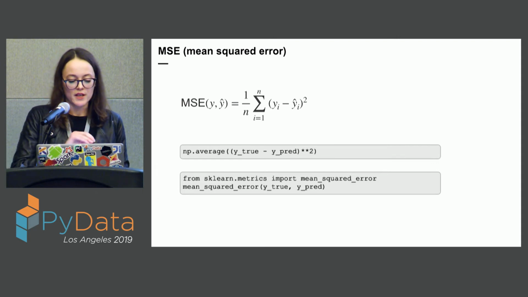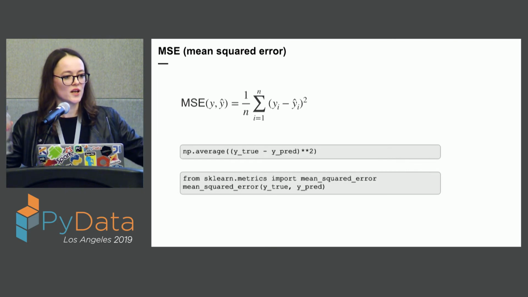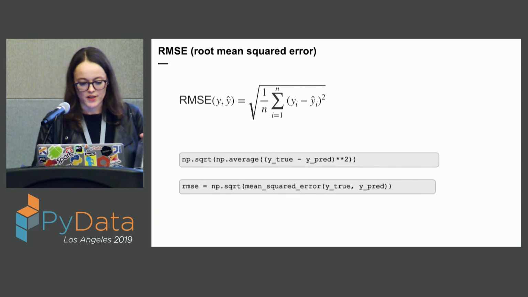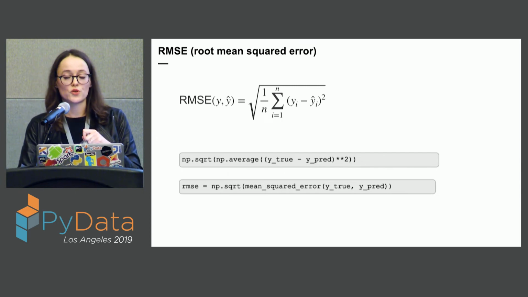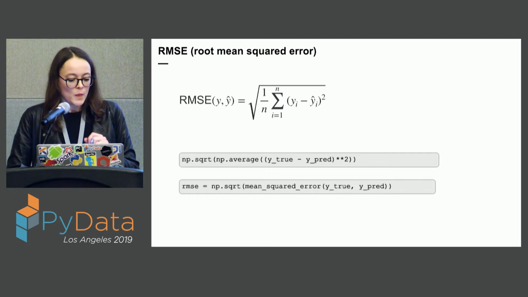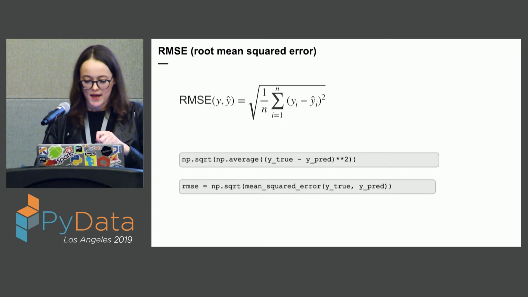The only thing with this metric is that if you have a large error, it's going to square it, so it's going to be huge. And this is not always desirable. So that's why we have root mean squared error, and it's also often used as a loss function. This is just mean squared error, and you take a root out of this.